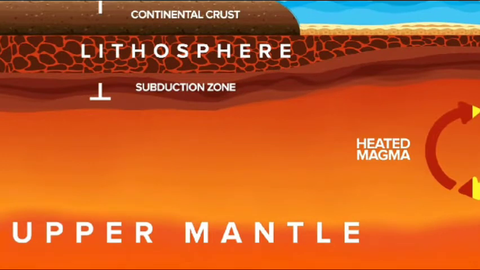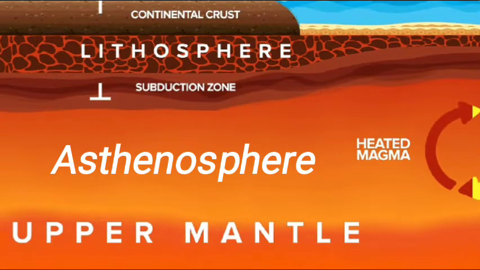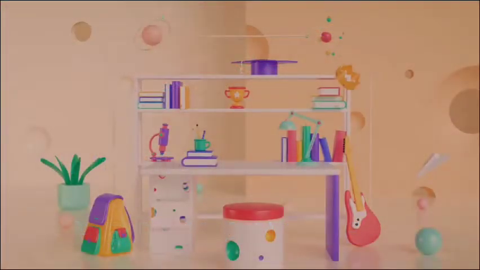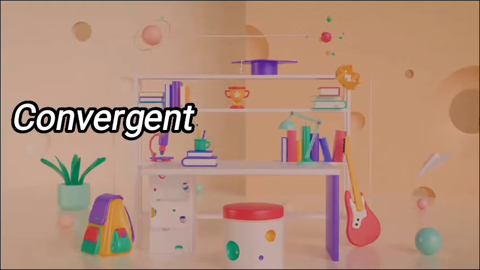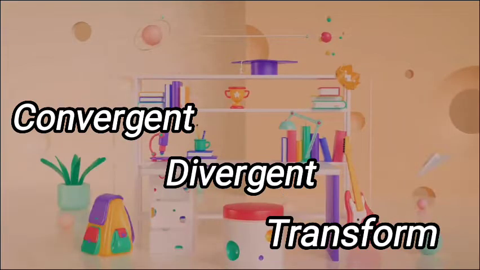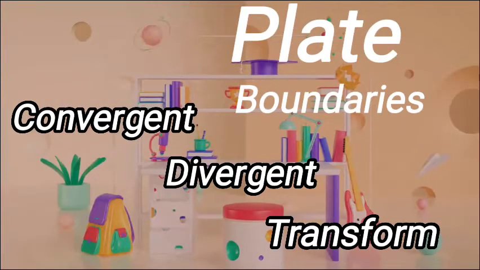The Earth's lithosphere is moving constantly and slowly because it's riding on the warmer and softer layer called the asthenosphere. This movement causes the formation of plate boundaries: the convergent, divergent, and transform plate boundaries.